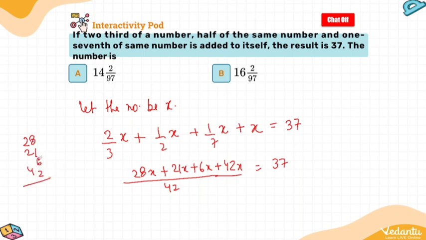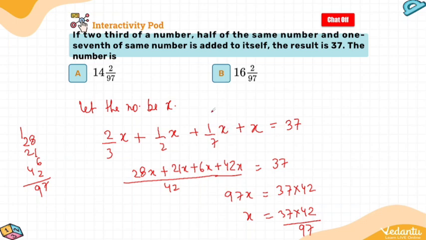8 plus 1 is 9. 9 6 15 to 17, carry 1, 2 2 4 4 8 1 9, 97. 97x is equal to 37 into 42. Okay. x would be equal to 37 into 42 by 97. Okay.